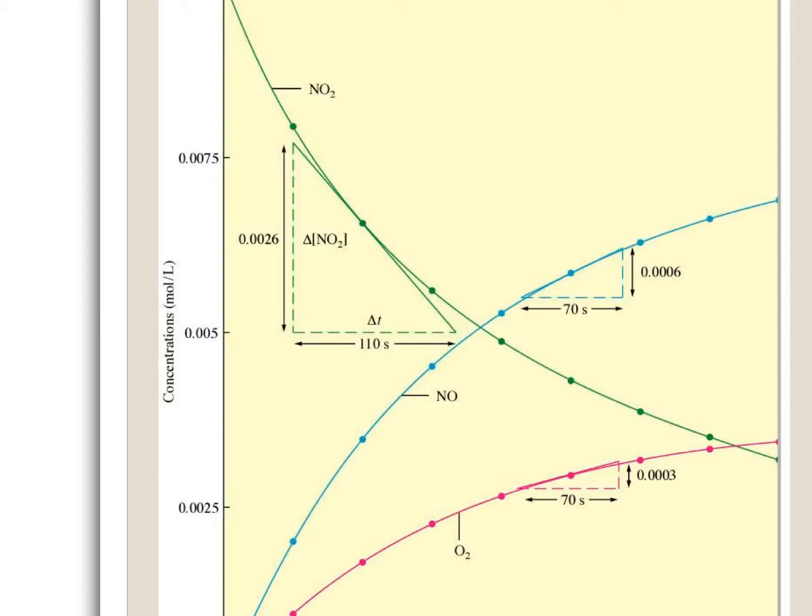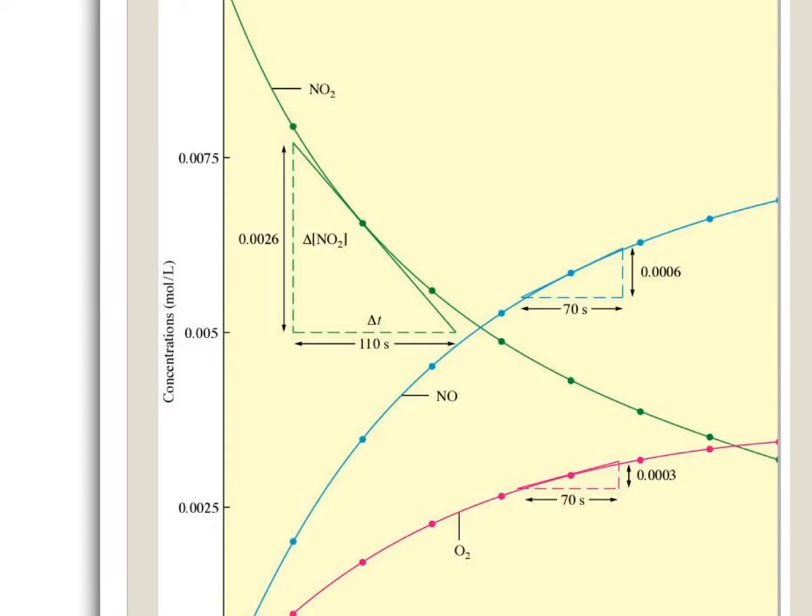Let's look at why. As my NO2 decreases, my NO increases at the exact same rate, or the exact same ratio. For every one of these that goes away, we gain one of these. So we have a 1-to-1 ratio.